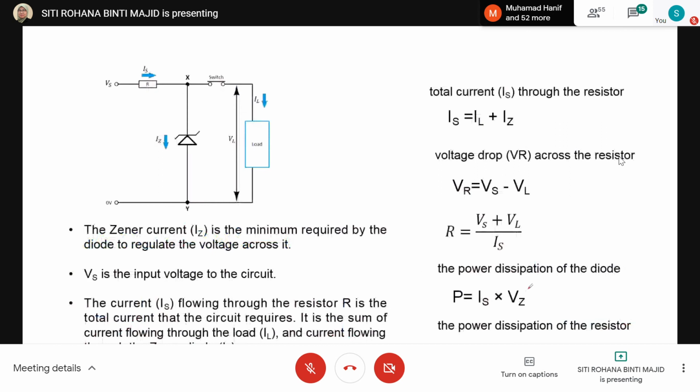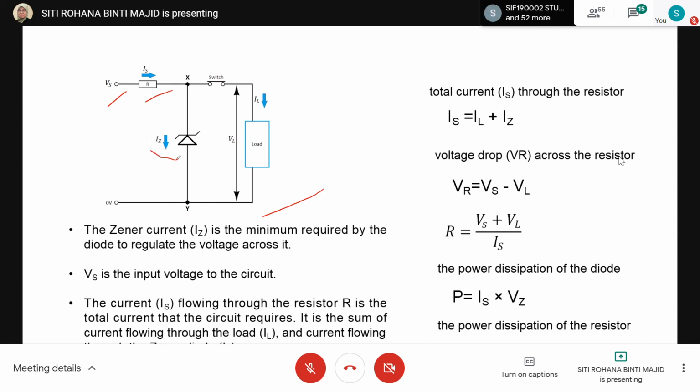Okay, so the Zener equivalent circuit. We can see from this diagram, when we have IS, of course we have the voltage source, and then current from the voltage source across the resistor R, before it goes to the Zener diode.